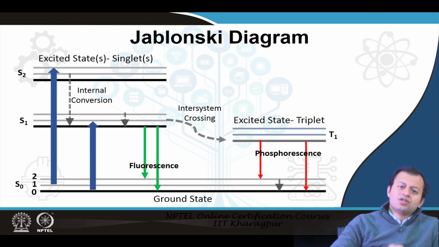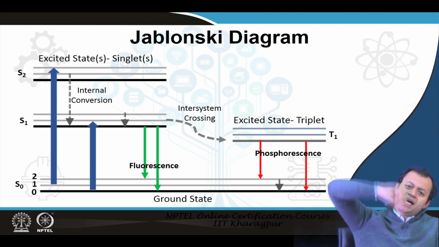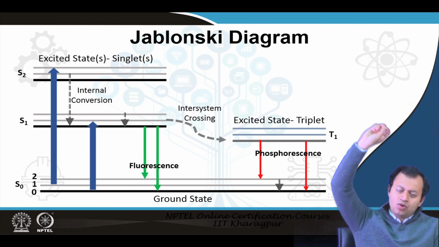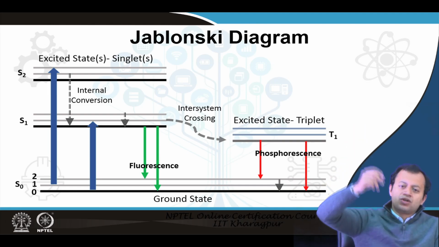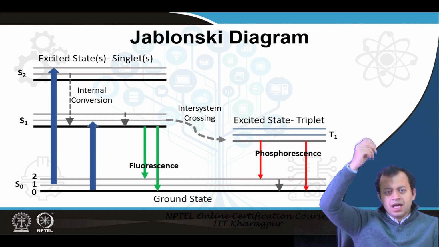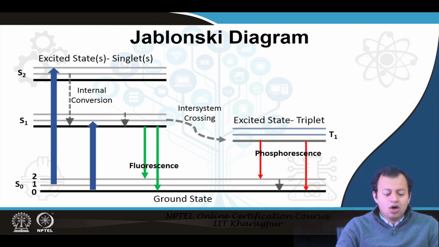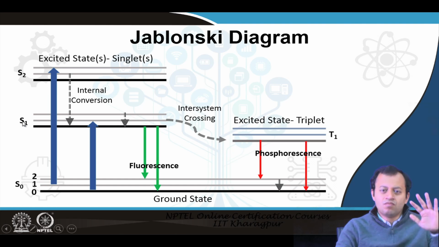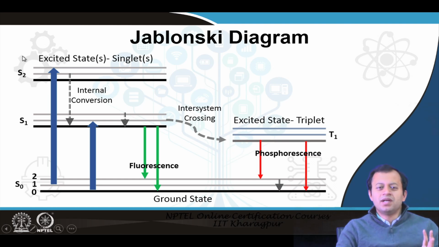The electrons can actually go to any other level, but the higher energy level it goes, the more unstable it becomes, and it tends to return back to either the stablest or the moderately stable level, which happens to be S1. S0 is the stablest. S1 is also moderately stable. S2, S3, S4 are incredibly unstable.